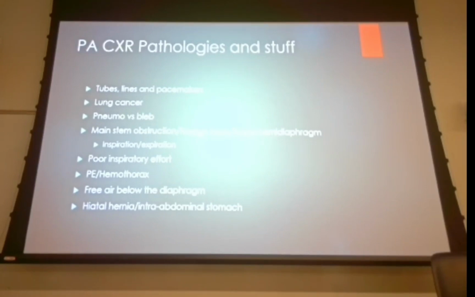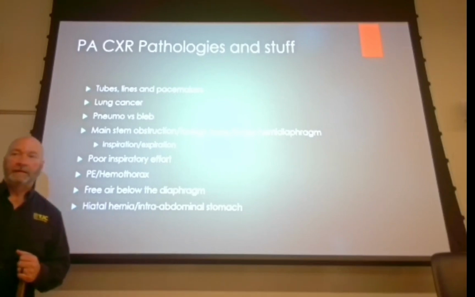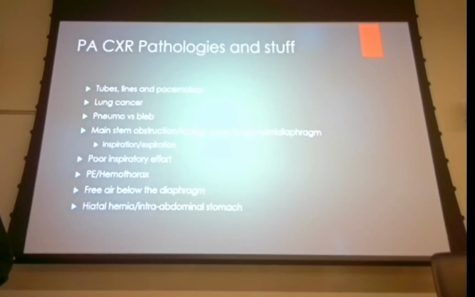All right, so I think we've talked about most of these, so we're going to touch on them. Lung cancer, if you've not seen a lung cancer, is subtle on a chest x-ray, unless it's a really big one. It kind of looks like somebody took a cotton ball and dipped it in barium and threw it at the image.